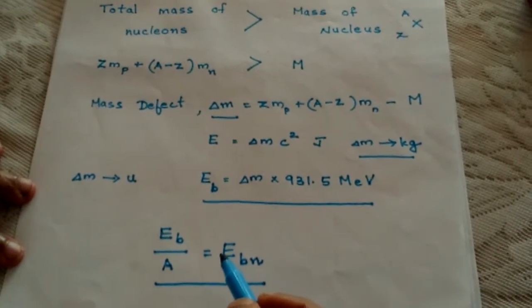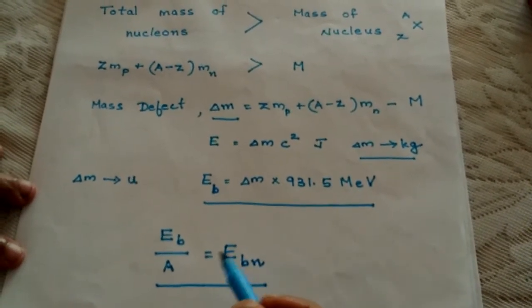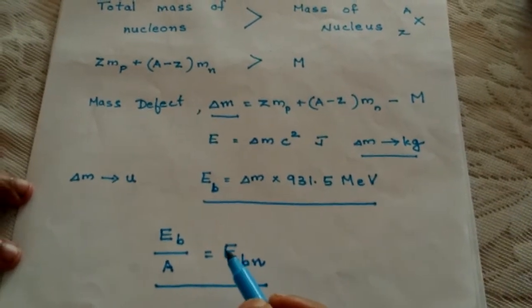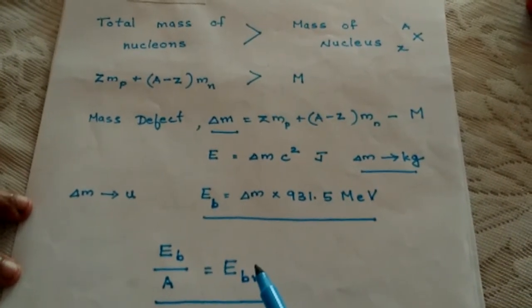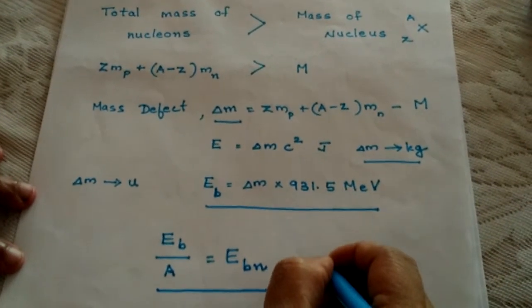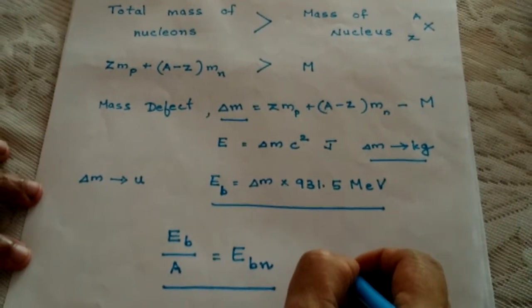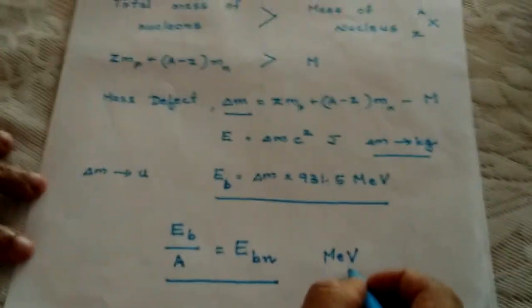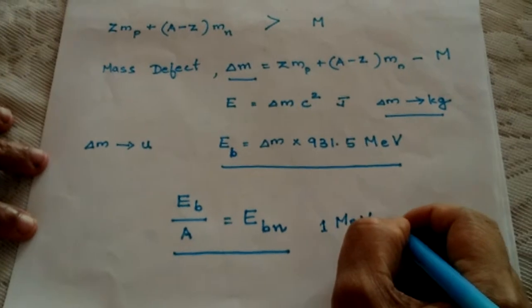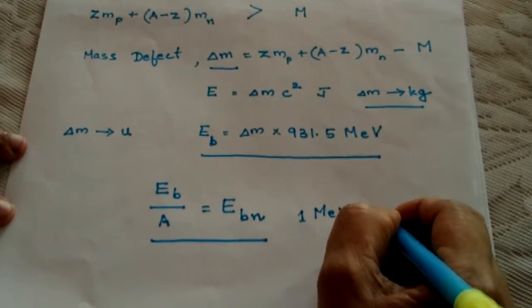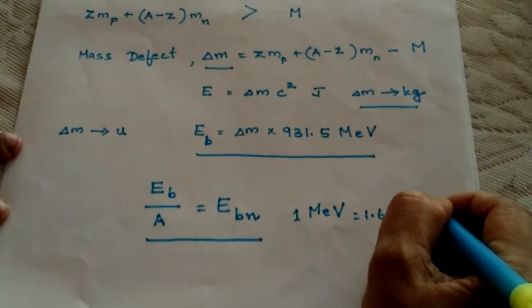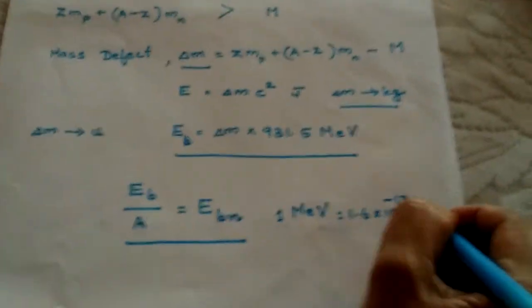And this value shows the stability of the nucleus. If the value is high, that means the nucleus is more stable. And we express EBN, binding energy per nucleon, in MeV, mega electron volt. And 1 mega electron volt is equal to 1.6 into 10 raised to minus 13 joules.